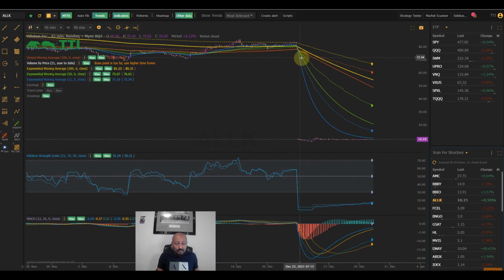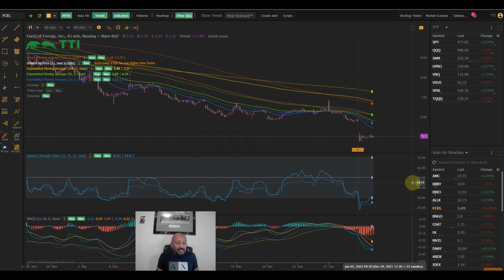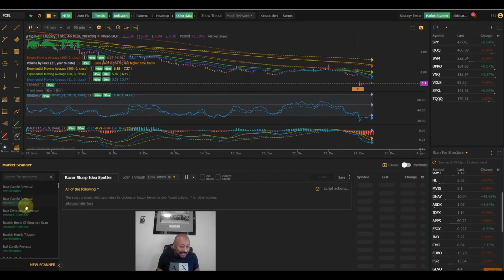Like these big gap downs, you can just say, hey, I'm going to ignore those, right? And we can even add other things to it to say, hey, I don't want to deal with anything that is less than $20, right?